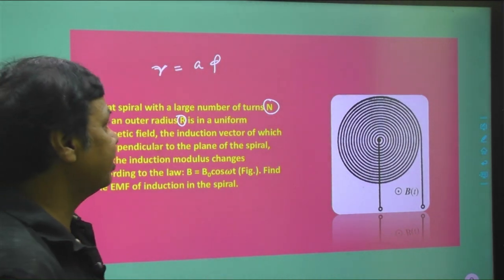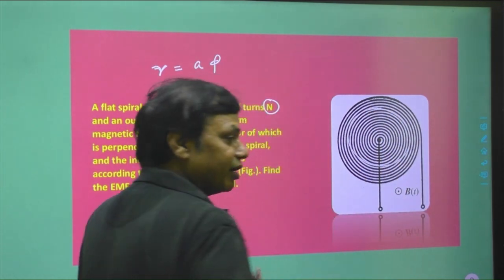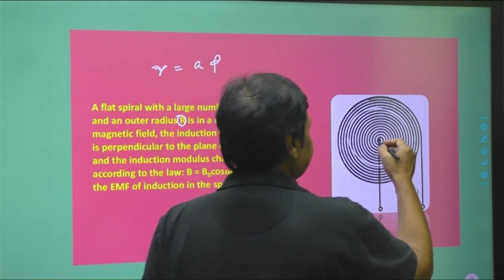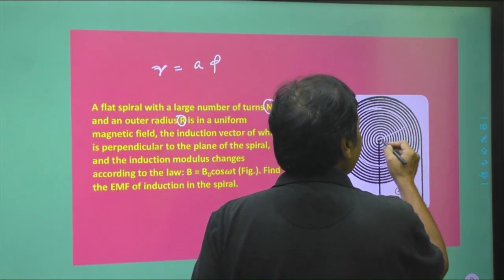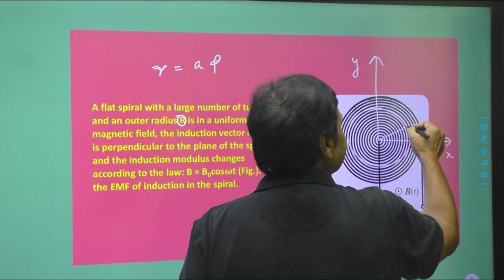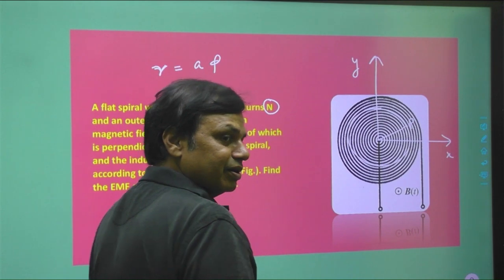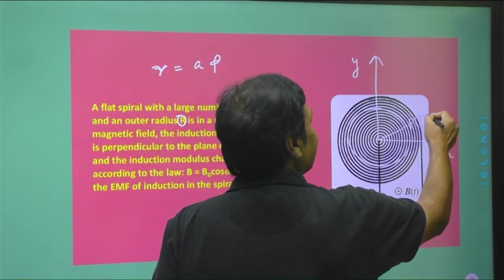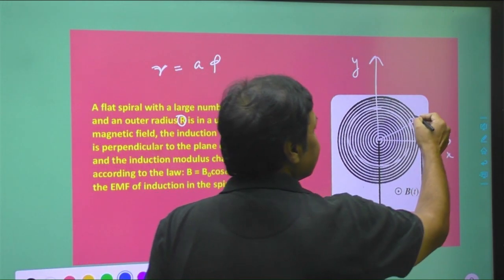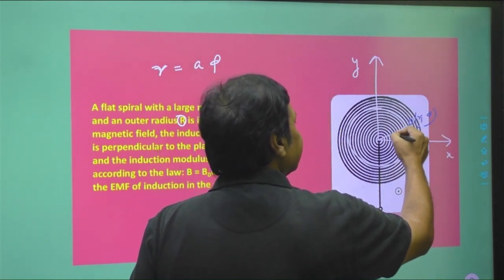If you consider an arbitrary point P inside the spiral, with your two-dimensional coordinate axes, and give it coordinates r and phi, this angle is phi and this length is r.